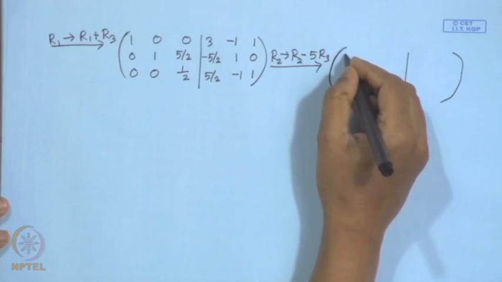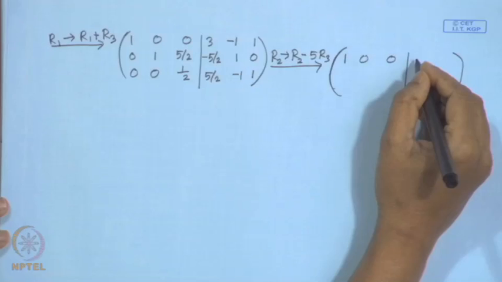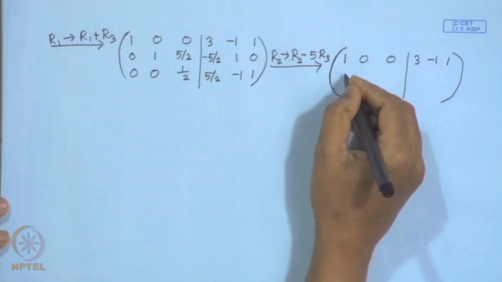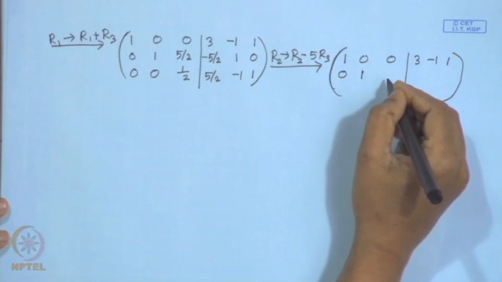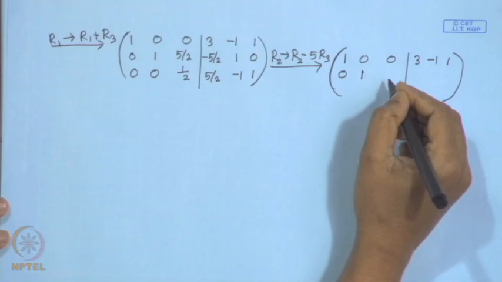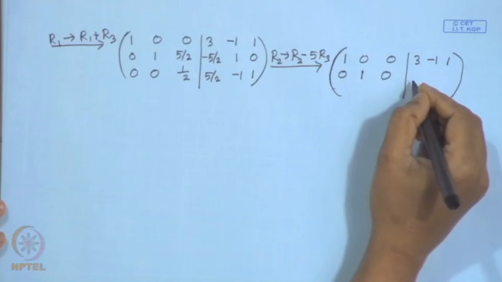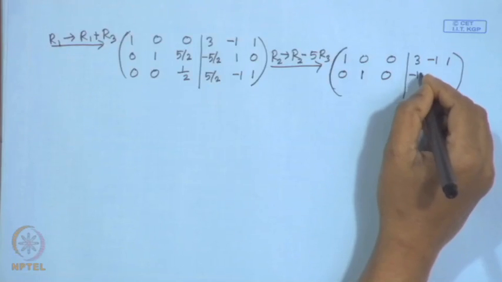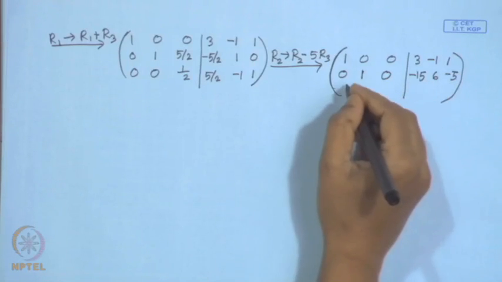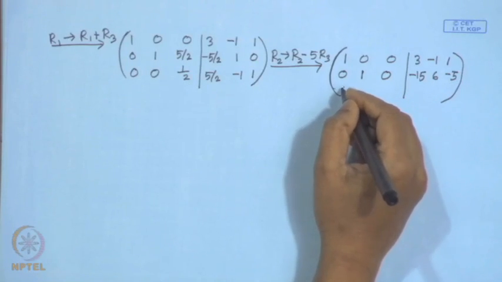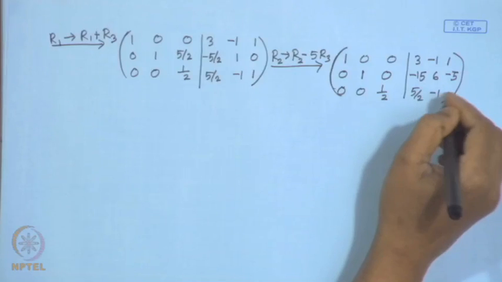Here we get 1 0 0 3 minus 1 1, and 0 1 0 minus 15 6 minus 5, and this 0 0 half 5 by 2 minus 1 1.